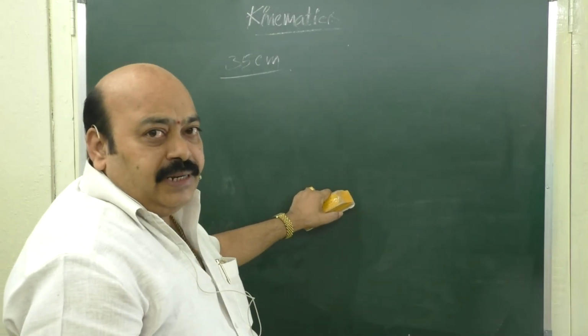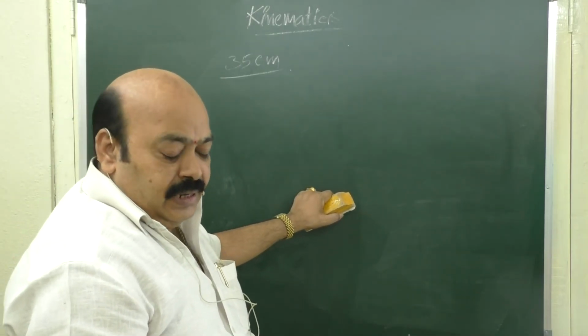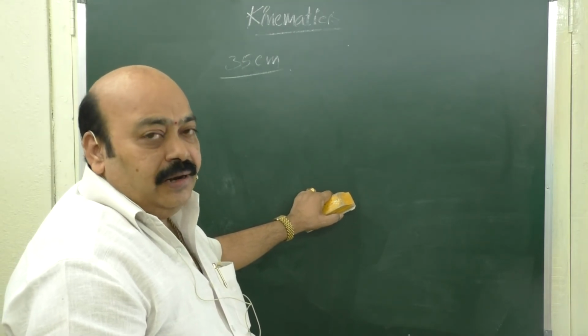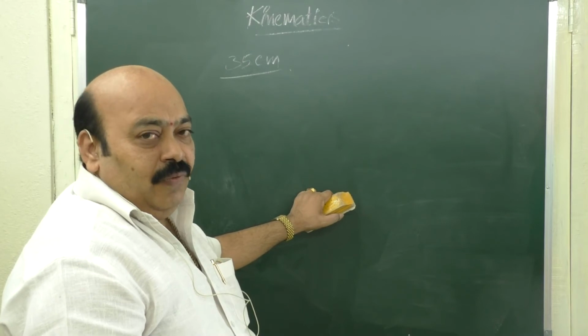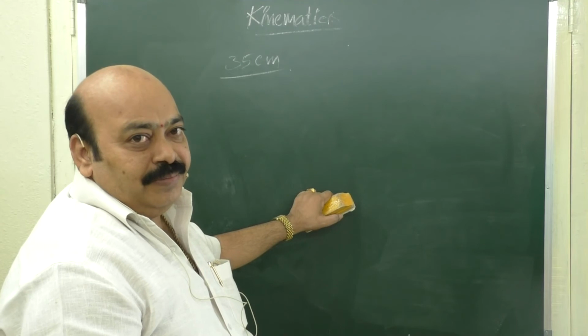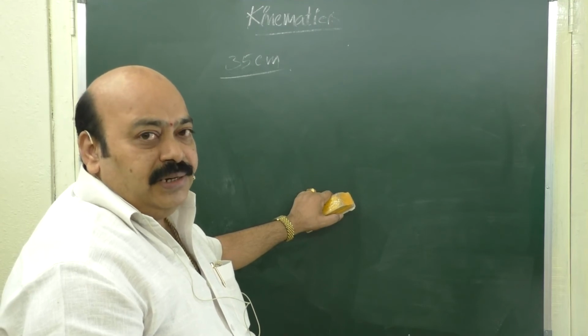If it subtends an angle of 60 degrees at the center of the circle, what is the distance traveled by it and what is its displacement?